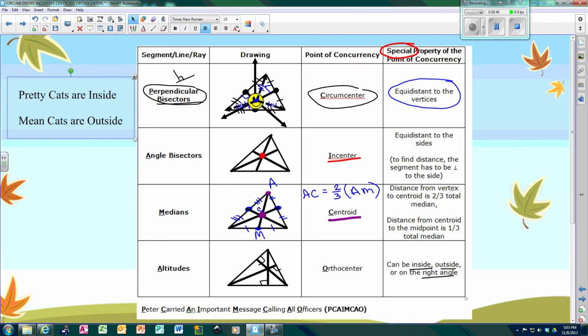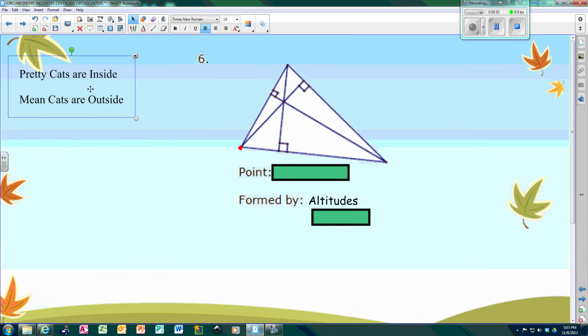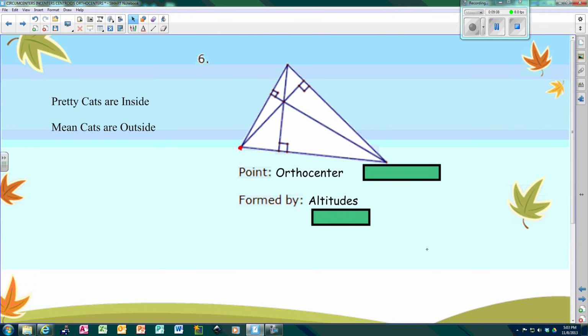I'm going to copy it, and then I'm going to paste it on this side so I have it. So I'm thinking in this particular sentence, pretty cats are inside. So these are my bisectors, perpendicular bisector and angle bisectors. Mean cats are outside. So altitudes go with the one that starts with an O, which is the orthocenter.